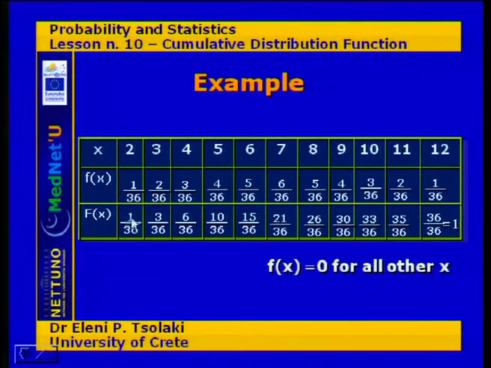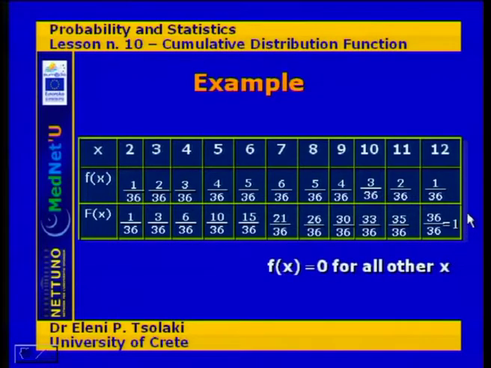In the same way, the cumulative distribution function is 1 over 36 for every value between 2 up to 3, not including 3. At exactly point 3, the cumulative distribution function becomes 3 over 36.